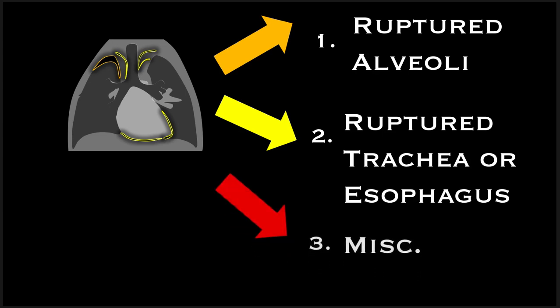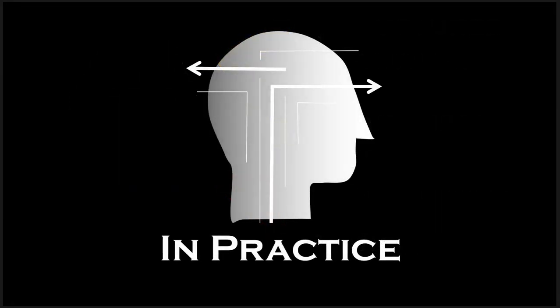And then there's a third, miscellaneous category that can cause gas in the mediastinum, and I think about just some random things like mediastinal infection with a gas-forming organism, or, like I mentioned before, gas from the abdomen, either perforated bowel or perforated ulcer, or if they've had some kind of abdominal surgery that can end up causing gas there too. So these are the things you should think about as the possible causes if you identify a pneumomediastinum and/or pneumothorax.